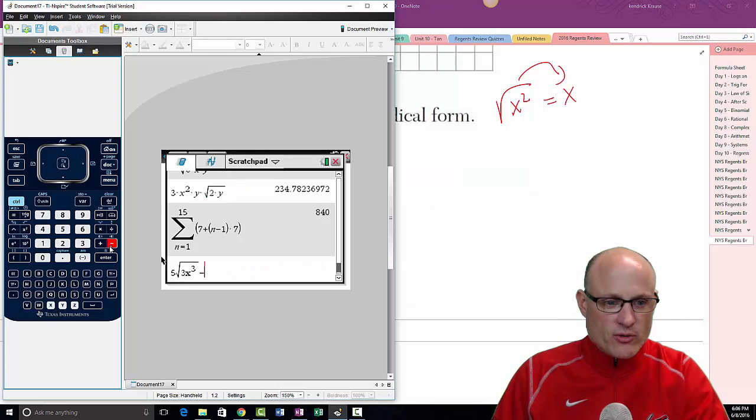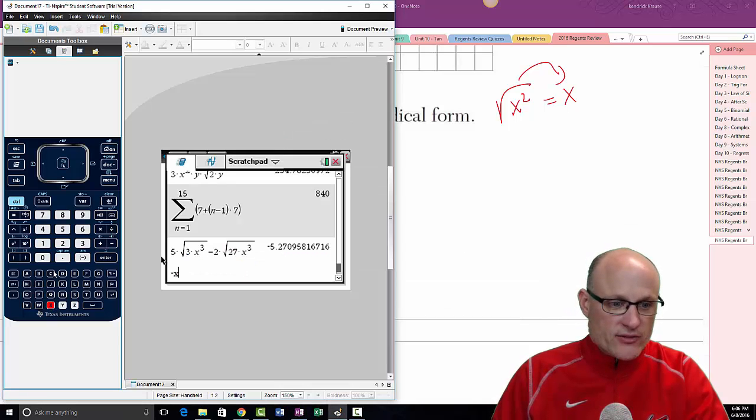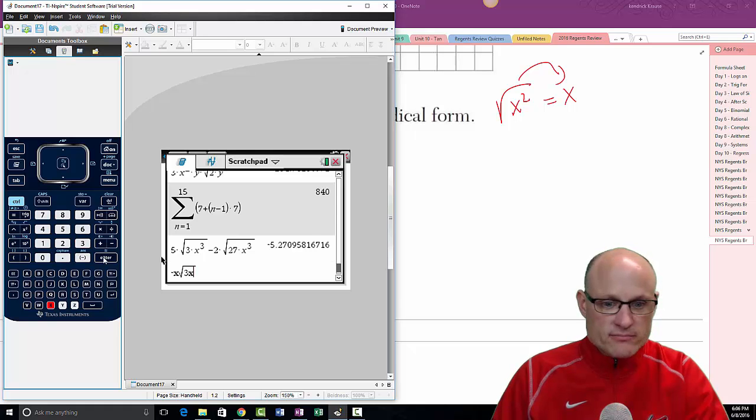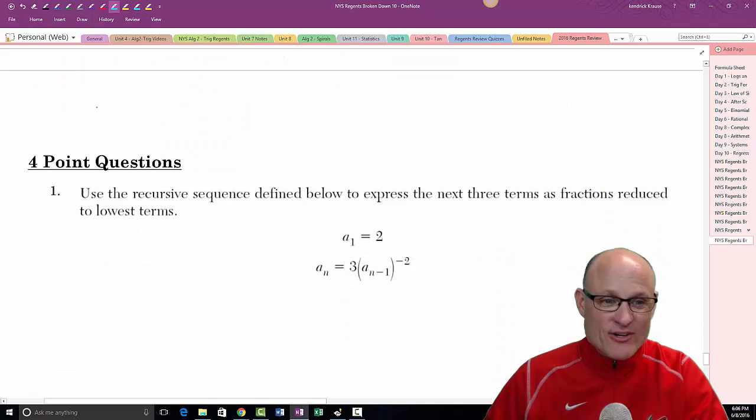You can actually do these really fast. Hit enter, you get that. Now type in our answer, negative x square roots of 3x. Done. Check everything you can check.